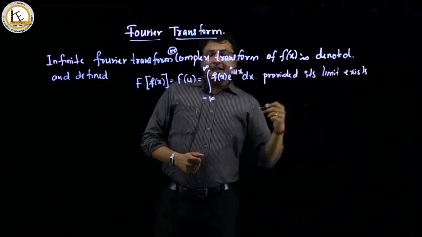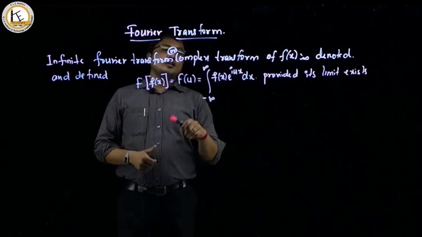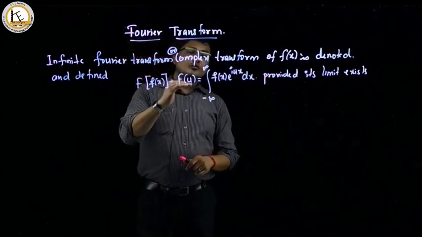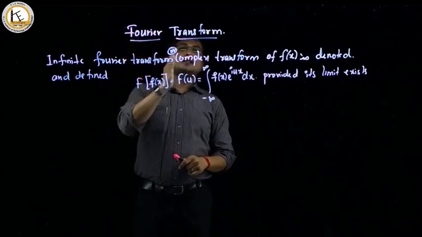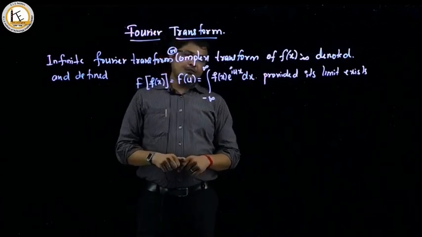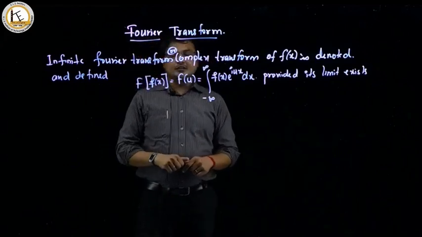And if the limit exists, then definitely it will be a function of u. Then we call that function of u the Fourier transform of the given function f of x. So this is the mathematical form of a Fourier transform.